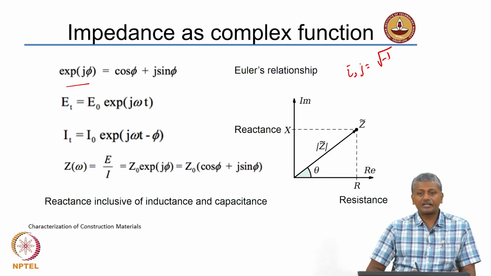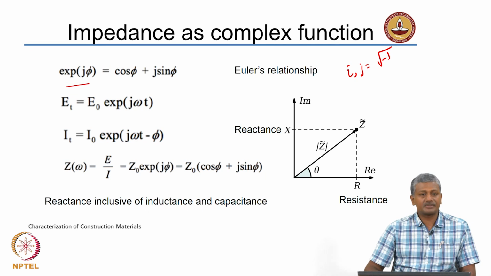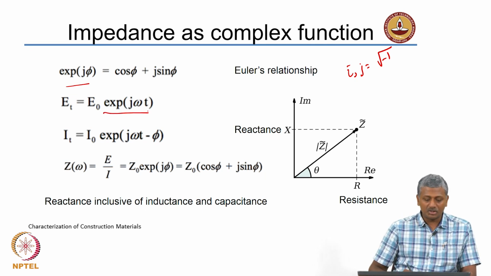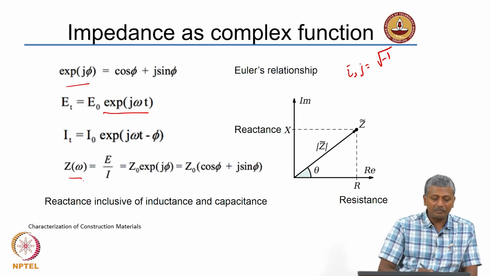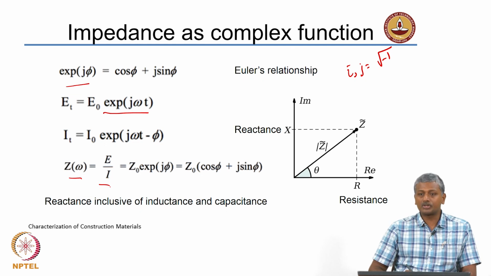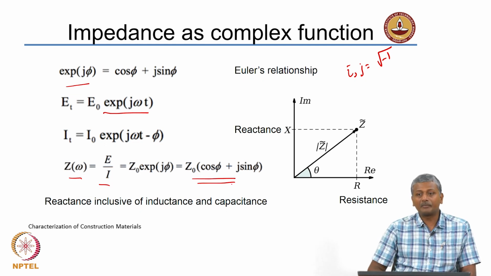Okay. So, exponential or e power j phi is equal to cos phi plus j sin phi, which is Euler's relationship. So, when you have this sort of a relationship, you can also write this in terms of the impedance, right. Z as a function of omega is E divided by I and given as Z naught multiplied by cos phi plus j sin phi.